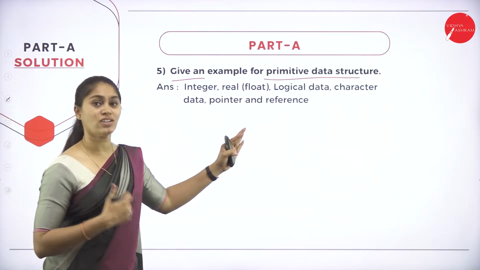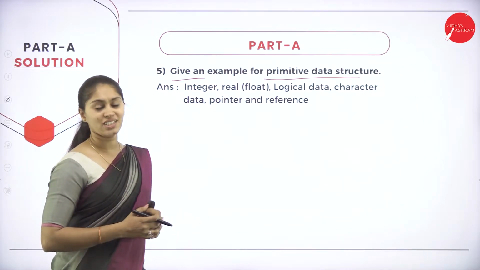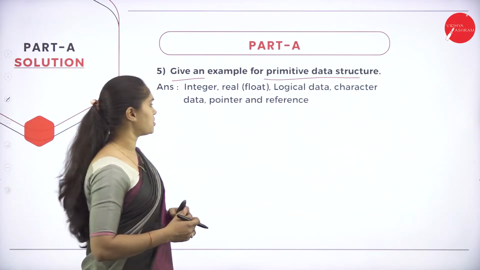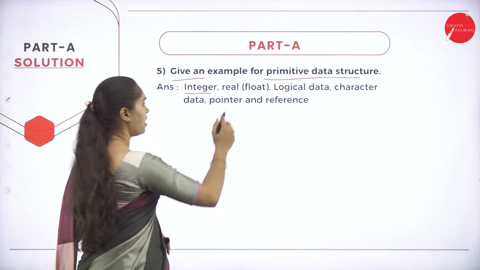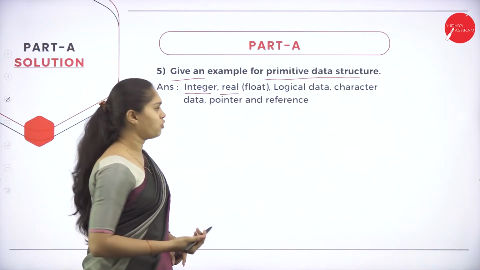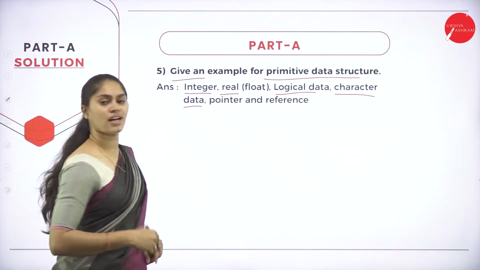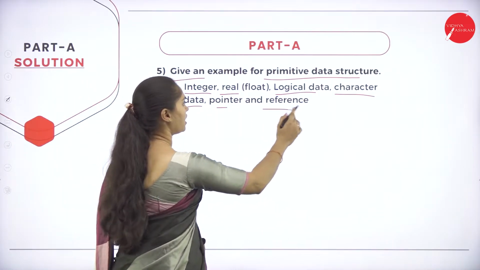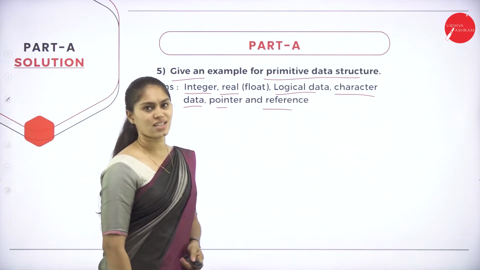Here I have listed a number of examples for primitive data structure. Out of this you can write any 2. We have integer, the int data type, and real, which is also called float, and we have logical data, character data, and pointer and reference, which come under the category called primitive data structure.